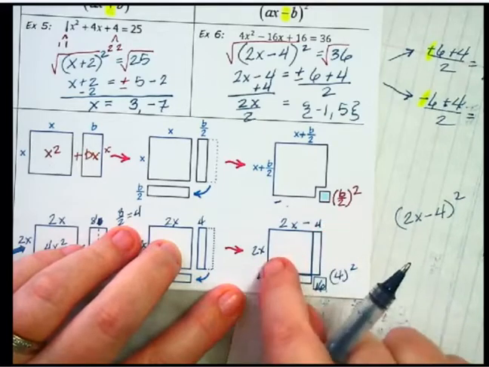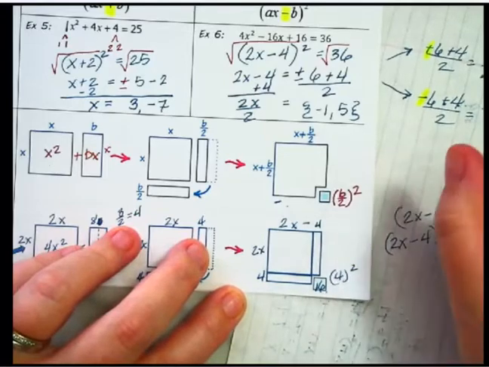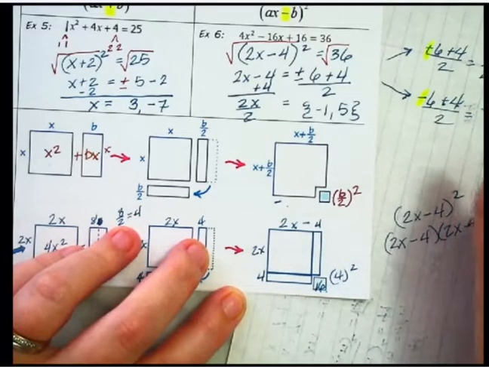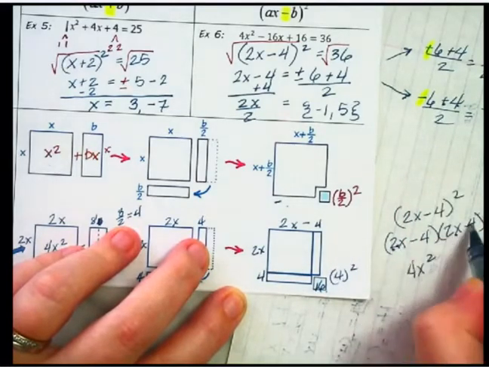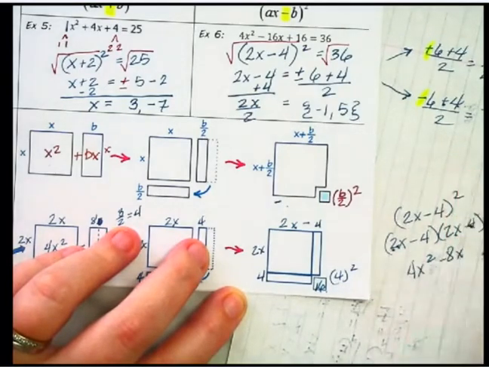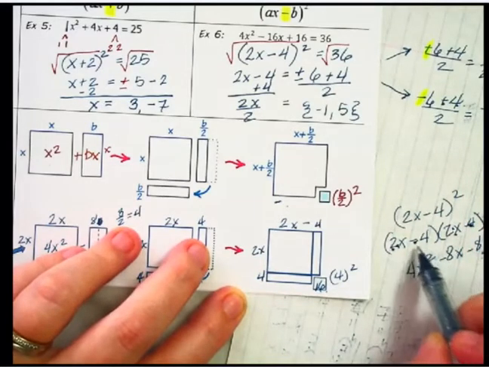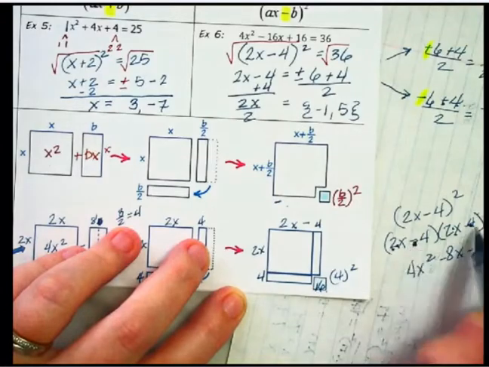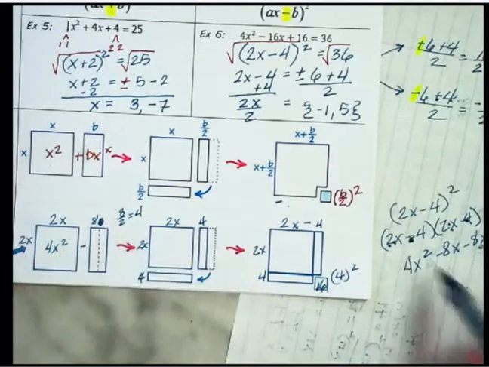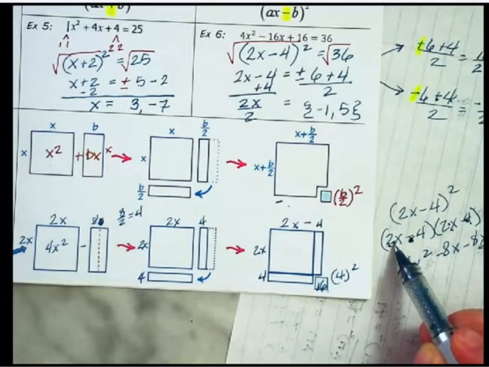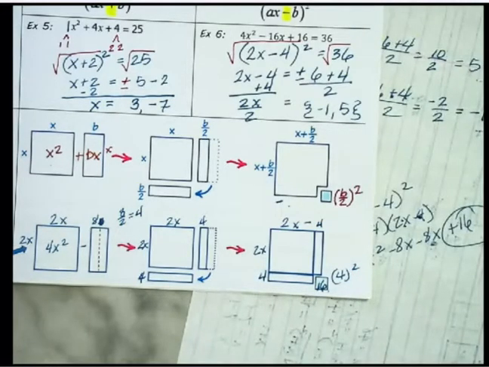You do the length times the width, and in this case, they're the same measure. 2x minus 4 times 2x minus 4 is 2 times 2 is 4x squared, minus 8x, minus 8x, and then plus, so negative 4 times negative 4 is 16. Yep, there we have it. And so that's where I find the missing value of c is 16.